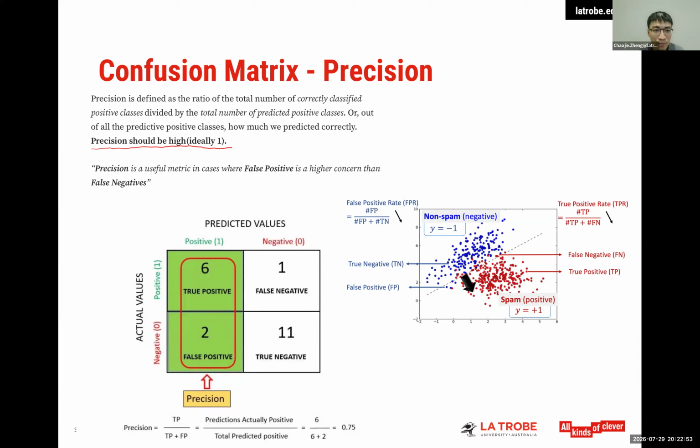So if the model makes a positive prediction, that means the model treats the email as spam. In this case, we would expect high precision. That means whenever the model flags an email as spam, it's almost certainly a spam.